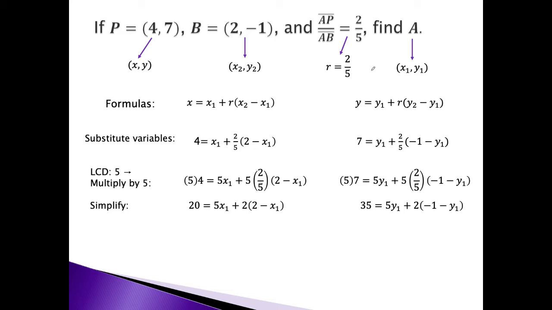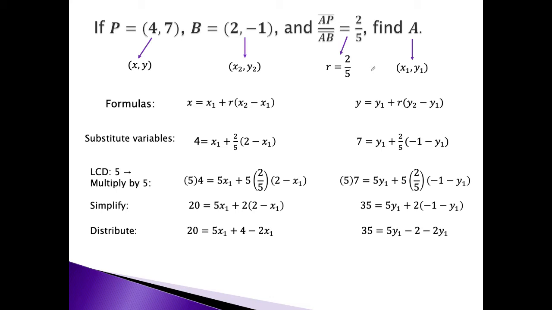But I can deal with 20 and 35 because they're maybe big, but they're not huge. I distribute my 2's, so I get 20 equals 5x1 plus 4 minus 2x1. And then for the y's, I get 35 equals 5y1 minus 2 minus 2y1.